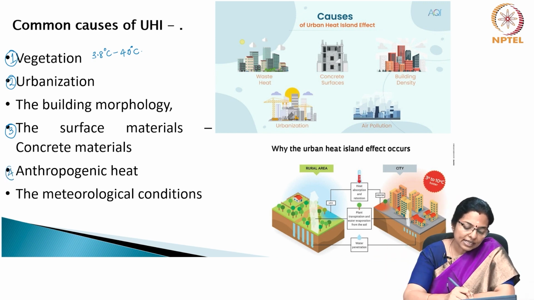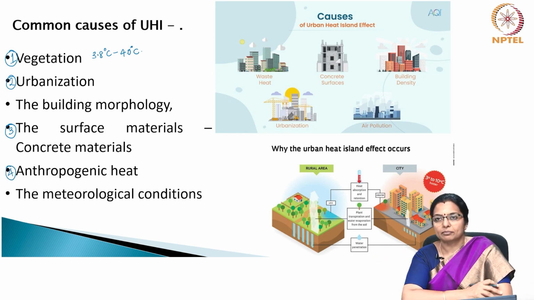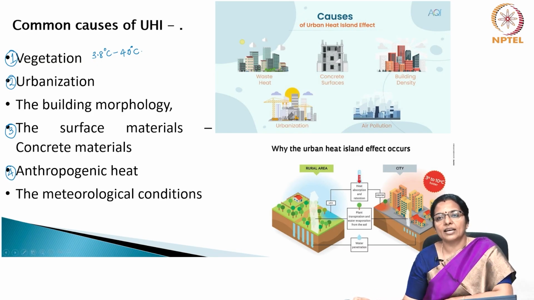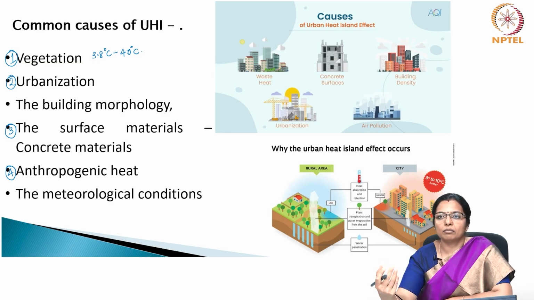The fourth is anthropogenic heat. The majority of anthropogenic heat generated in urban areas is produced by human interventions such as vehicles, air conditioning systems, or generation of power or industrial buildings.